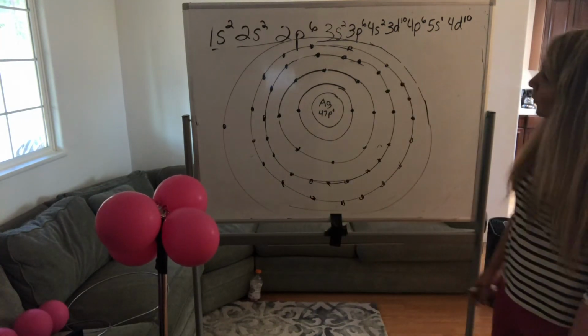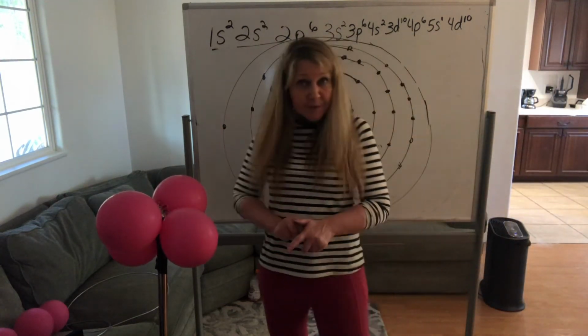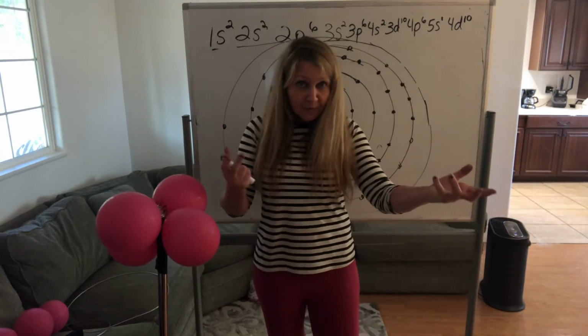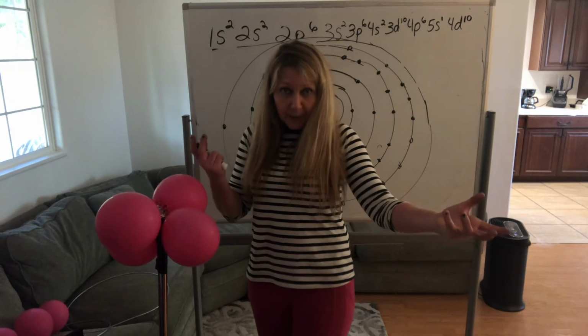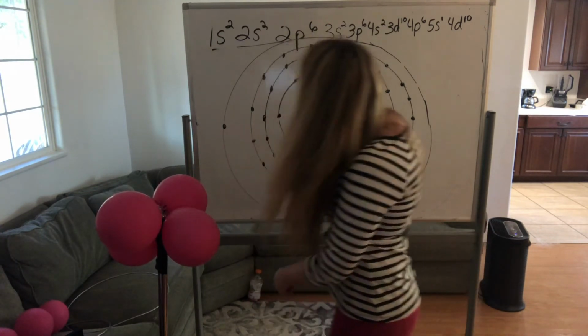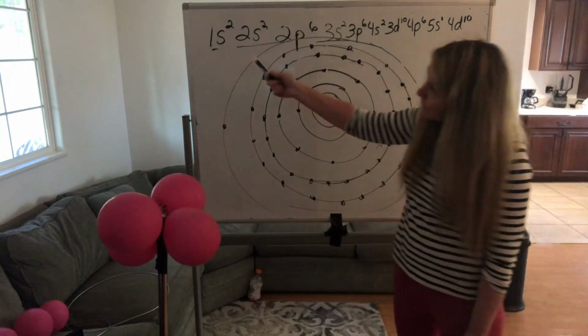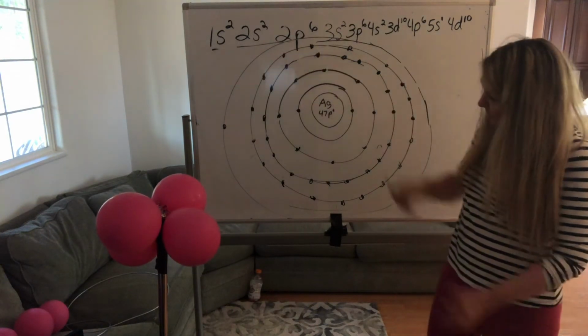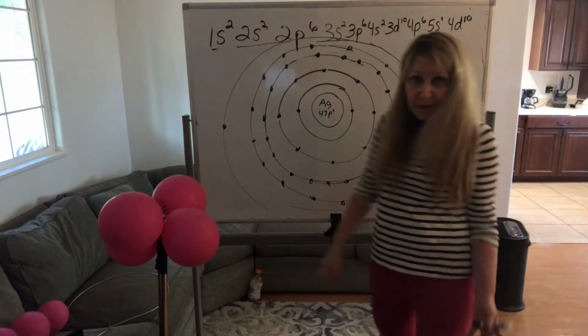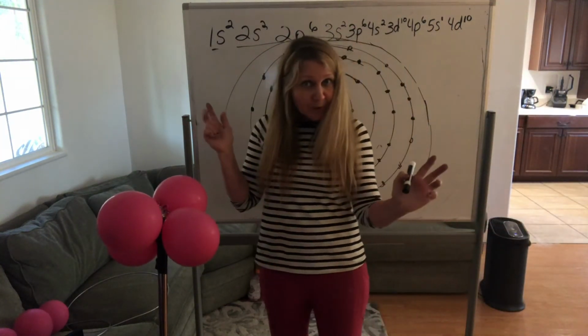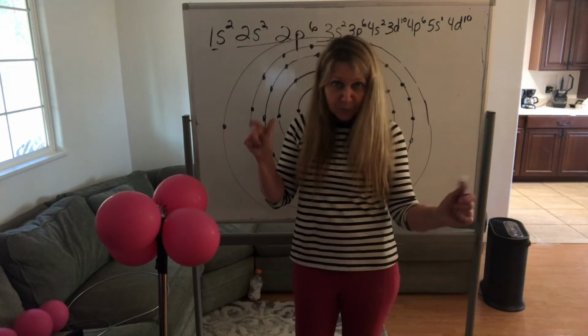All right? So this is a review of the electron configuration, and I want you to practice setting up electron configurations for the atoms that are listed in the YouTube description.